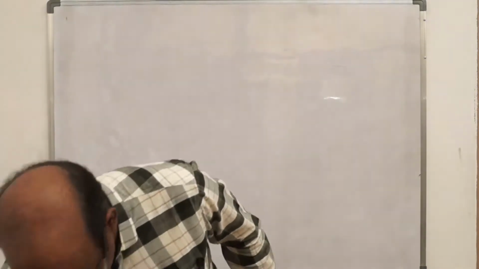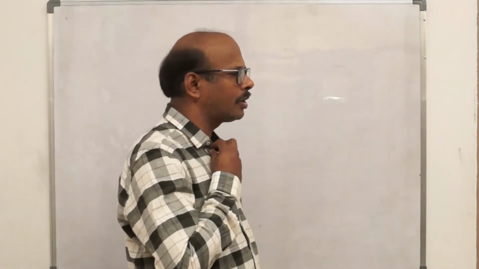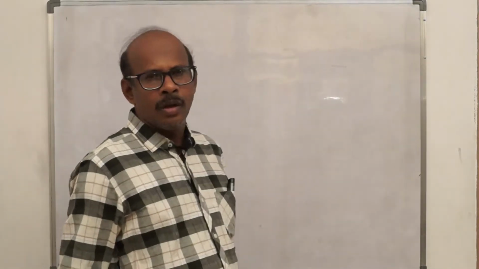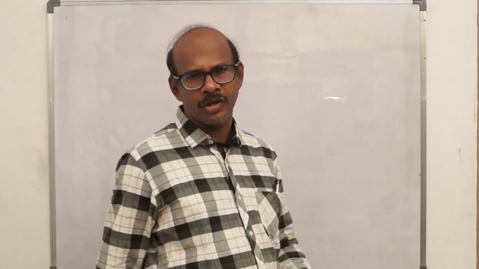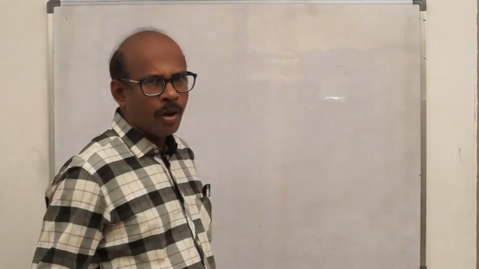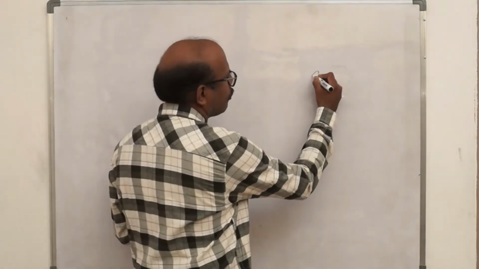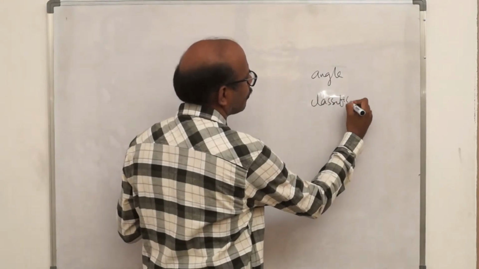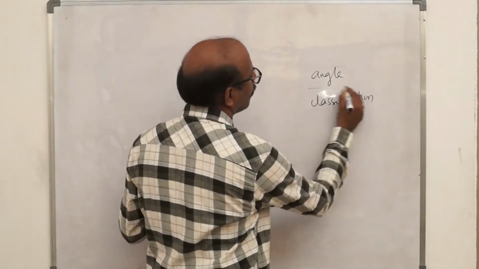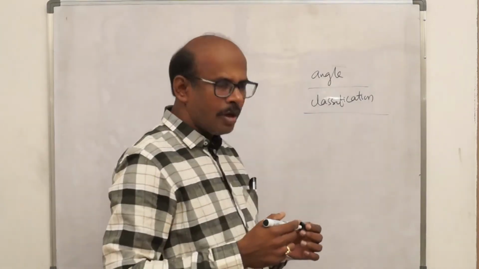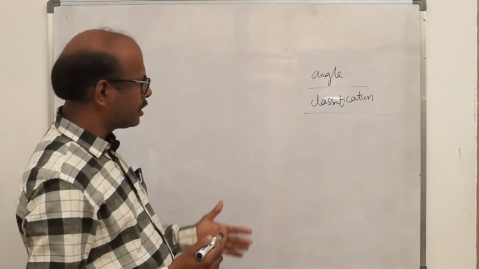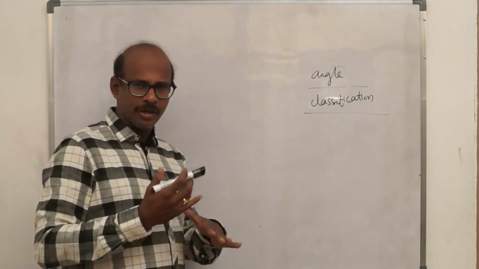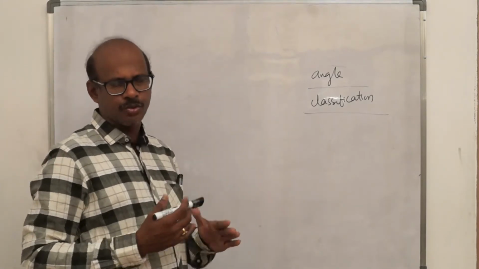Before going to discuss various problems involved in the trigonometric ratio or trigonometric function chapter, I am giving a simple definition of angle and its classification. Angle is nothing but the portion intercepted between two intersecting lines.